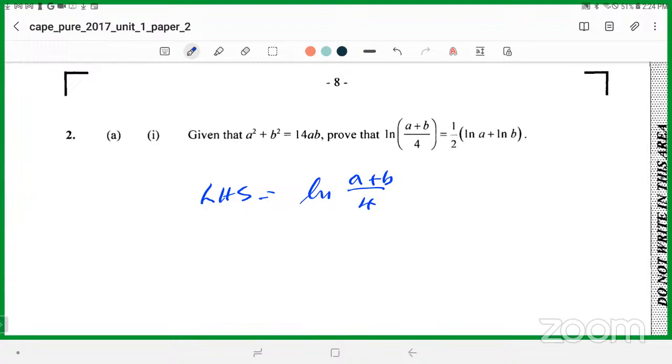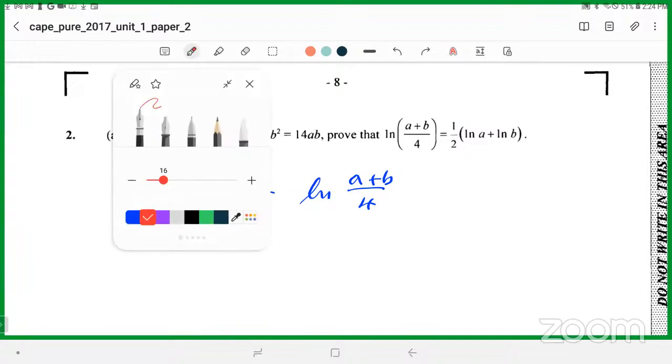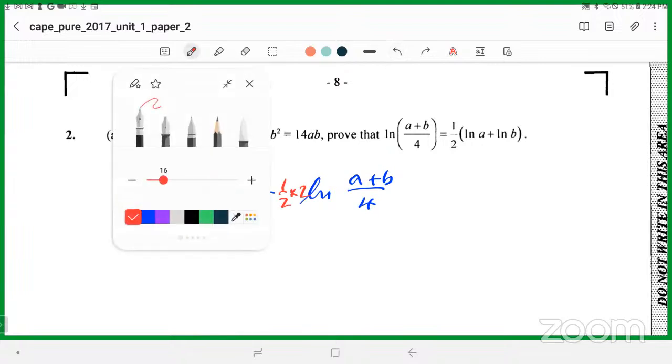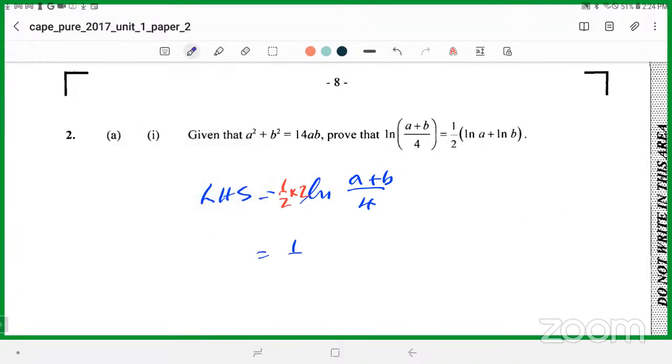Now, they tell me to use this, that is to generate the square. I also see this half in the answer. So what I'm going to do is multiply this by a half and multiply it back by a 2. Then the 2 is going to come up here and form a power. So this becomes half ln of a plus b over 4, squared.